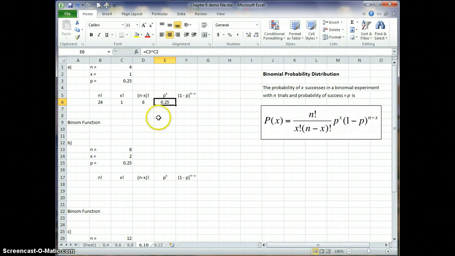Click enter. And again, that's the probability of success.